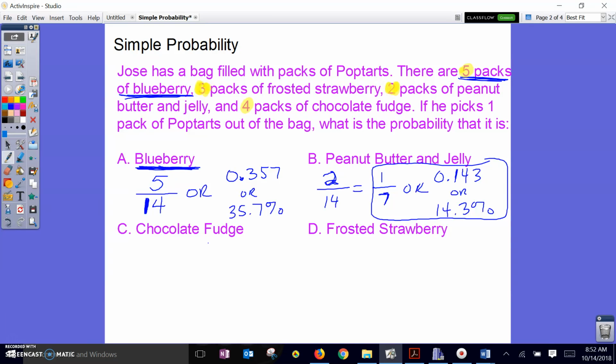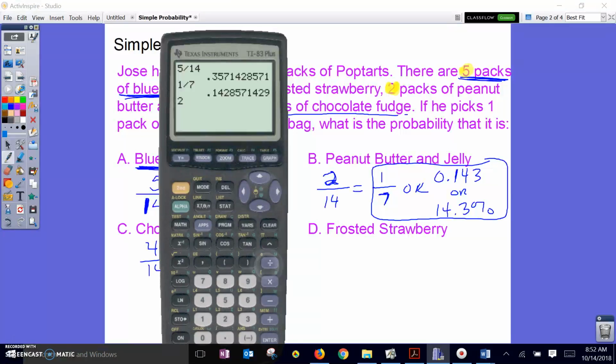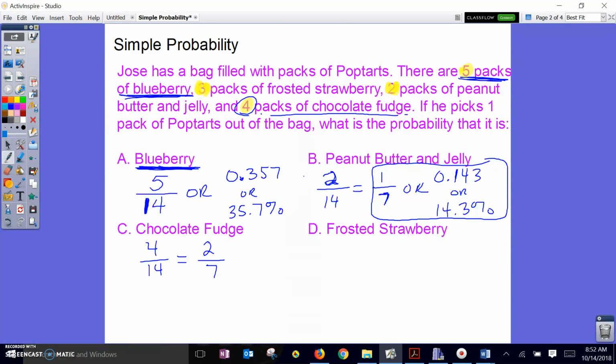Chocolate fudge. The number of successful ways of pulling a chocolate fudge is based off how many packs of chocolate fudge there are. So we've got 4 out of 14, which we can reduce to 2 over 7. If we do that as a decimal, we get 0.286, or 28.6%.